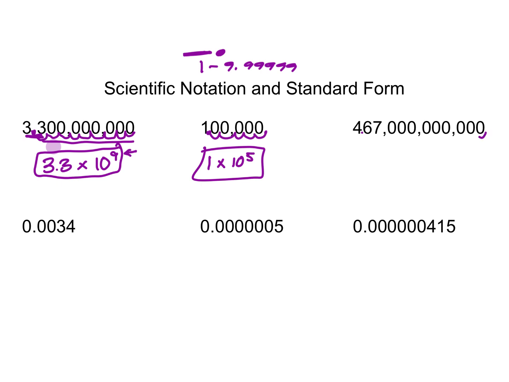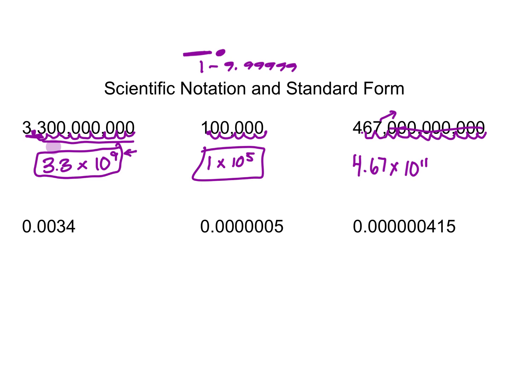It's a lot. 1, 2, 3, 4, 5, 6, 7, 8, 9, 10, 11. So I'm going to write 4.67 times 10 to the 11th. If these digits keep going and they're not zeros after this, you can round after you get to the hundredths place. I'm not going to give you anything on your test where you need to be rounding.